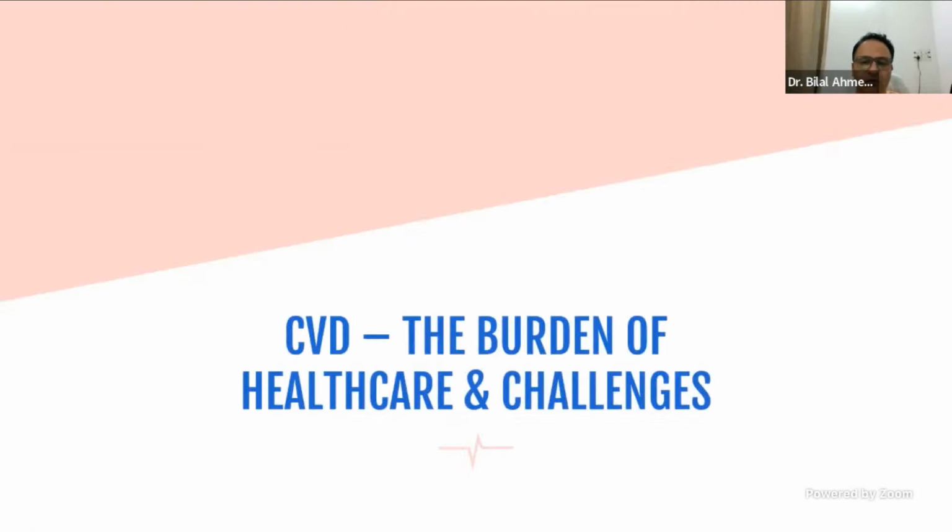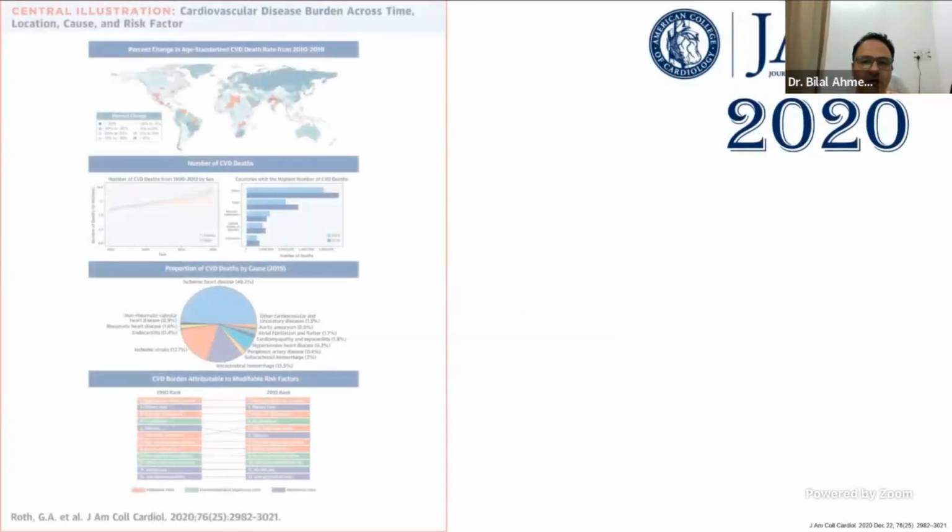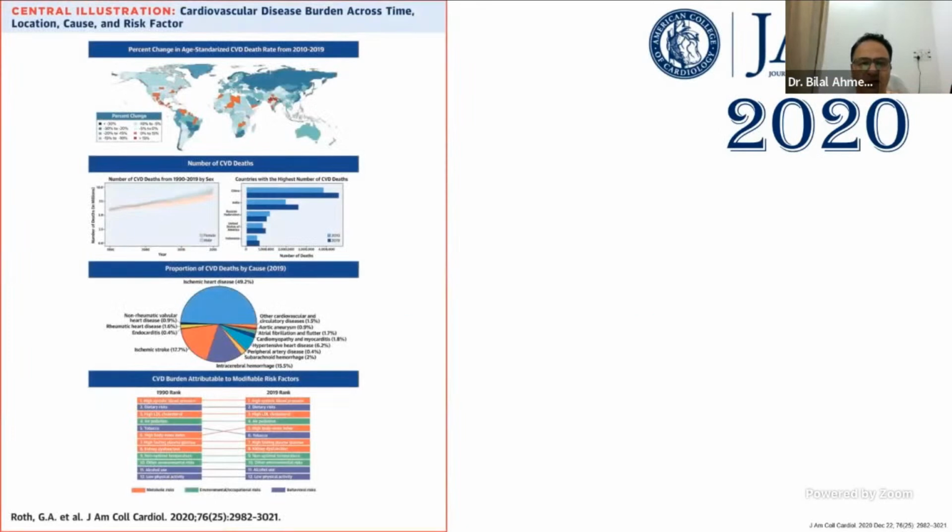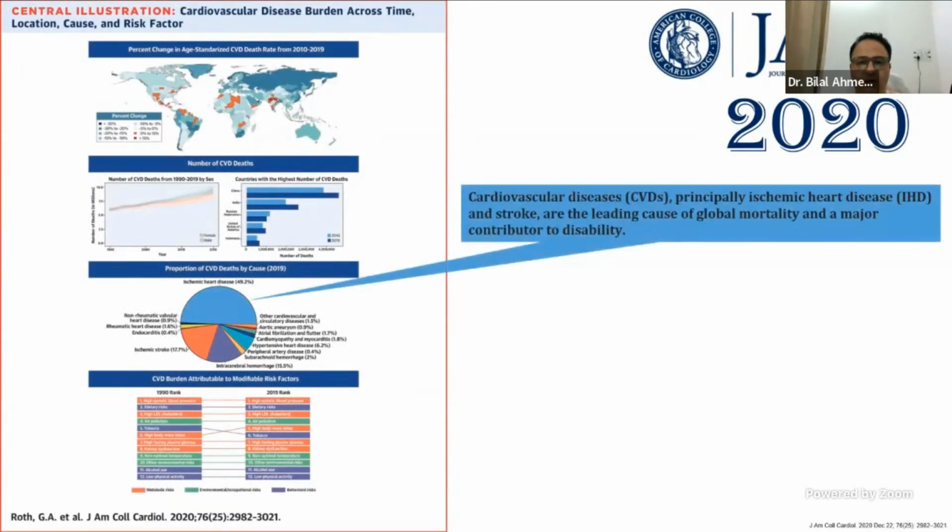So, cardiovascular disease has been recently updated in the Journal of the American College of Cardiology: cardiovascular disease, principally ischemic heart disease and stroke, are the leading causes of mortality in the world over.